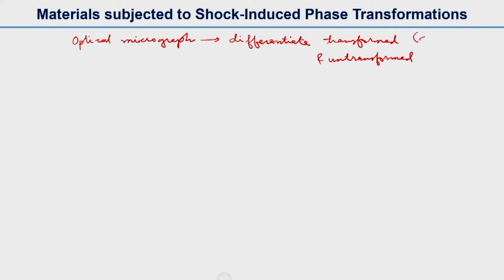The transformed region will look darker, and the untransformed will be lighter in appearance. So we were discussing shock induced transformation of iron from alpha iron to epsilon iron.